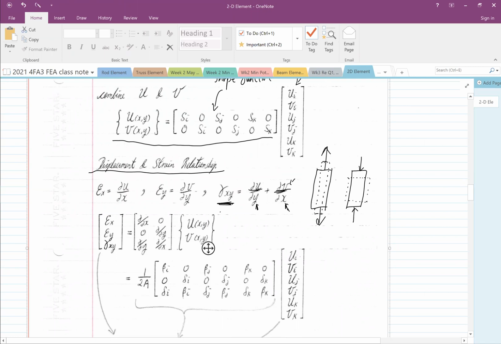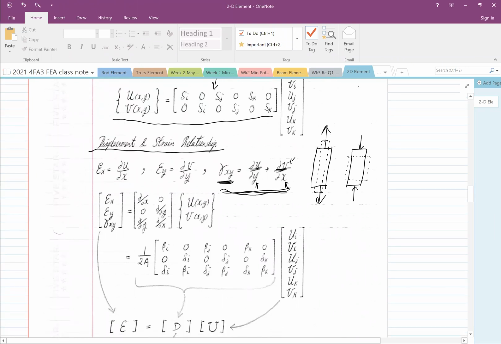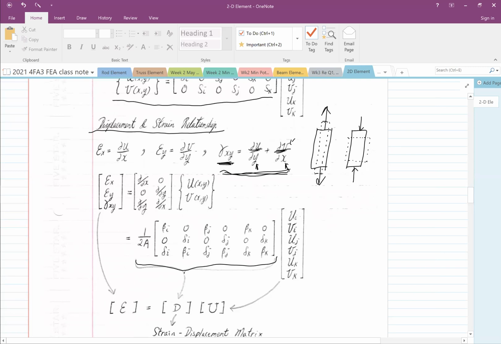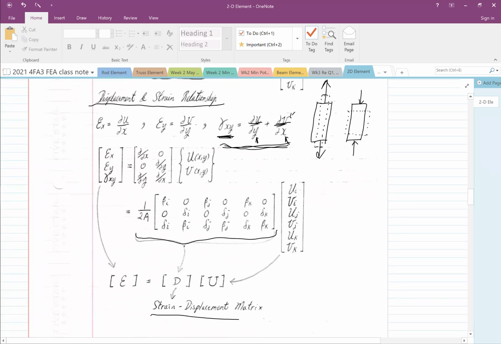It takes people years, many PhD courses to develop that. We are the lucky ones who just use it. Just like what we did before, we take some integrations, derivatives, we get this term. This is your strain displacement matrix.